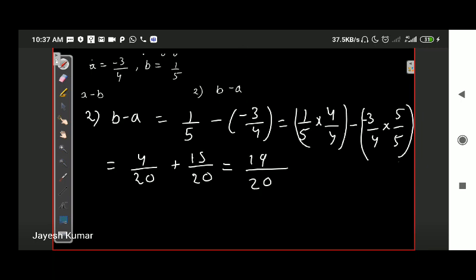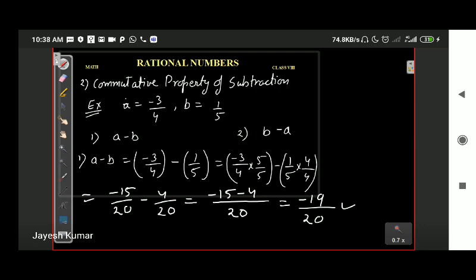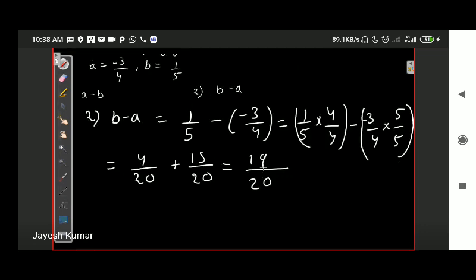Earlier we had the answer minus 19 upon 20. This time we have the answer 19 upon 20. There is a slight difference of sign, but naturally signs are different, therefore the answers are different.